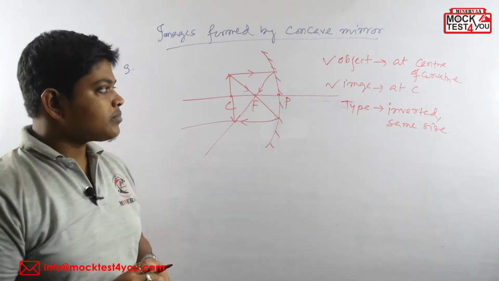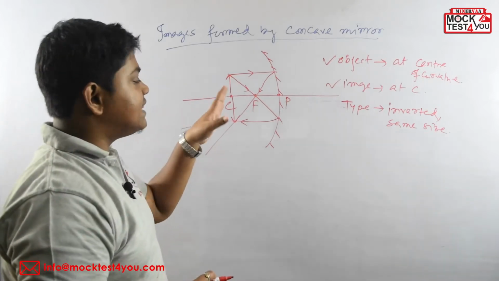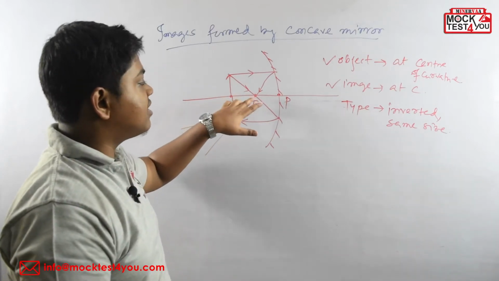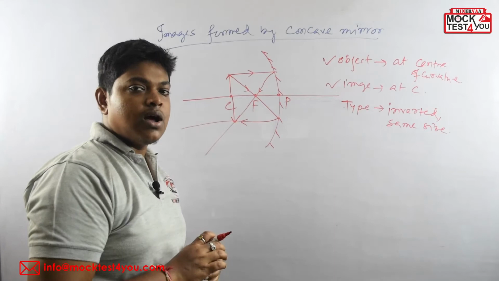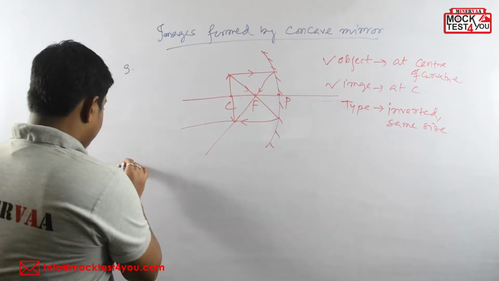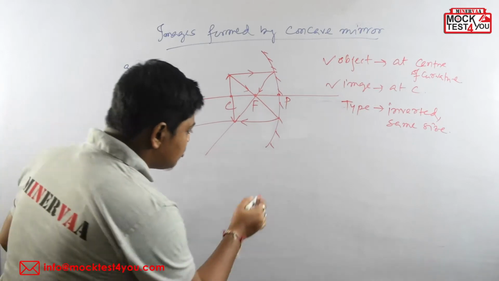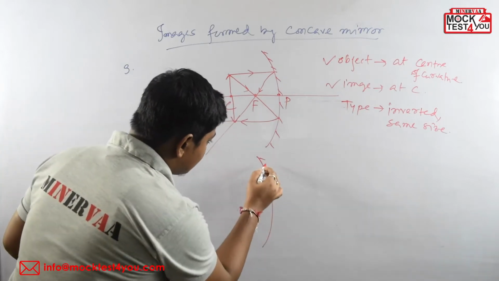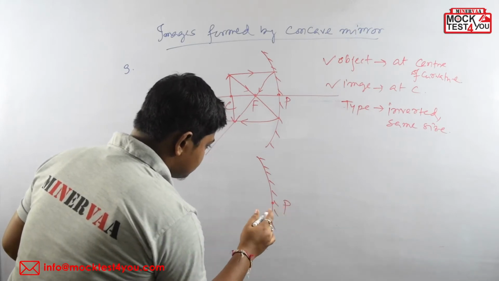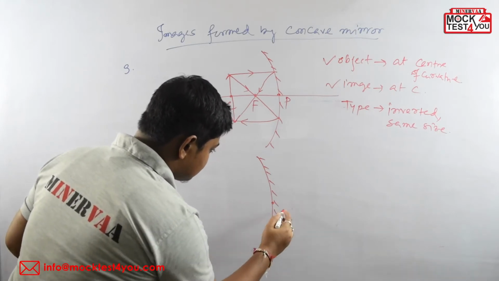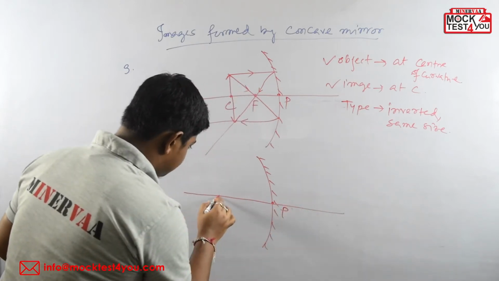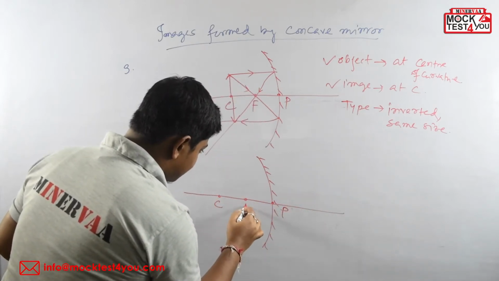Now, अगर हम ऑब्जेक्ट को इसके नेक्स्ट वाले रे डायग्राम में, if we place that object between the center of curvature and focus, let's see how the image can be formed. So in the next ray diagram, we'll make a concave mirror again, and this is the pole as we know. So the P can be placed here, and through that pole, if we pass a principal axis, this is the center of curvature, that is the focus.